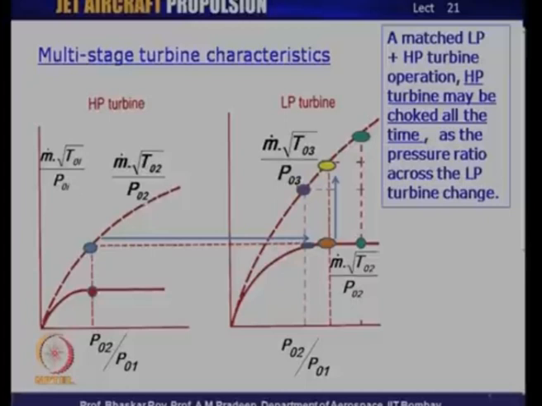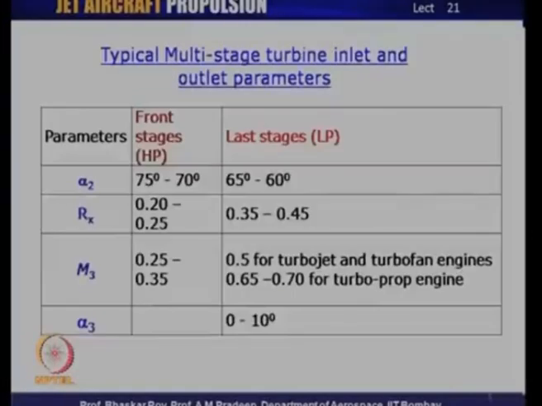Let us take a look at what happens when you have a multi-stage turbine. The inlet and outlet operating conditions can now be varied slightly. For example, we had a look at the velocity diagrams or the vector diagrams, in which alpha 2 of course, was the exit angle from the stator nozzle onto the rotor.